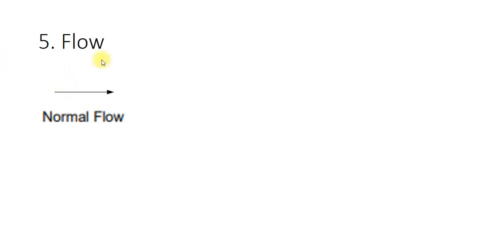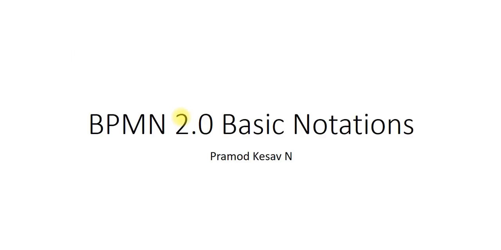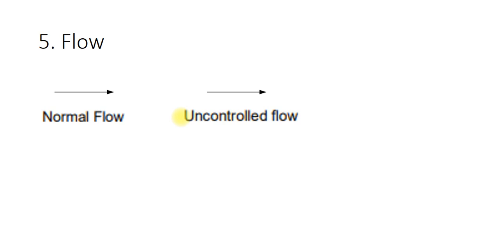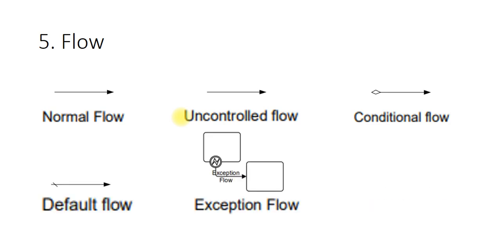So there are different types of flow. One is normal flow, then uncontrolled flow, conditional flow, then there is default flow, exception flow, and message flow.